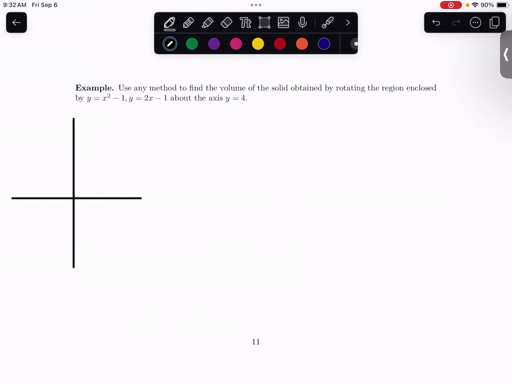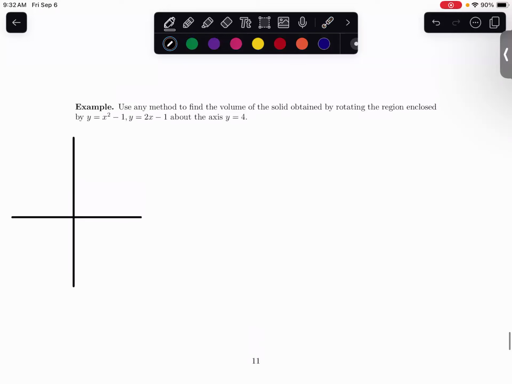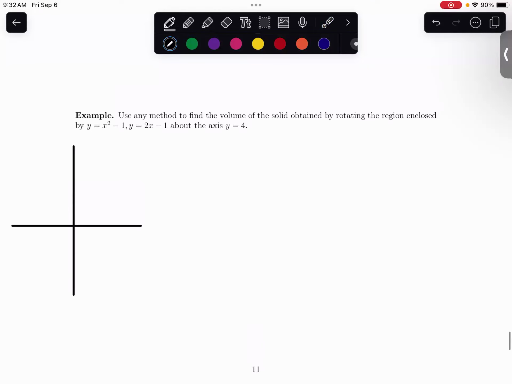Wait, did I draw the picture? Oh, it's page 3. Okay, so it's page 3 in your notes. My notes online are a little bit crazy. Sometimes they're part of a longer attachment, sometimes they're on their own.